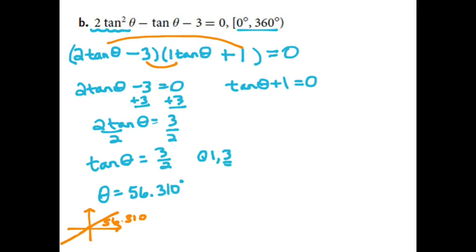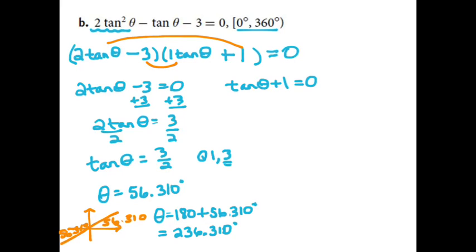I want to get the same angle down into quadrant 3. And so the way that we're going to find that is 180 plus the 56.310 degrees. And that, of course, would be equal to 236.310 degrees. All right, so there's our 2 solutions for the first factor.